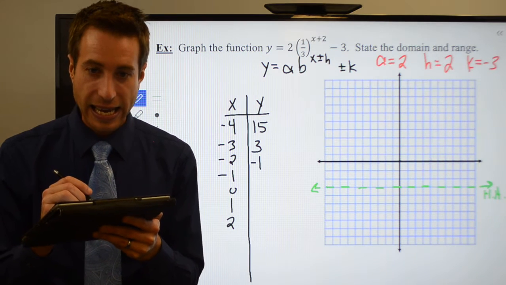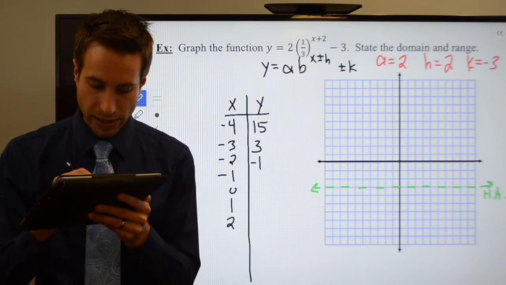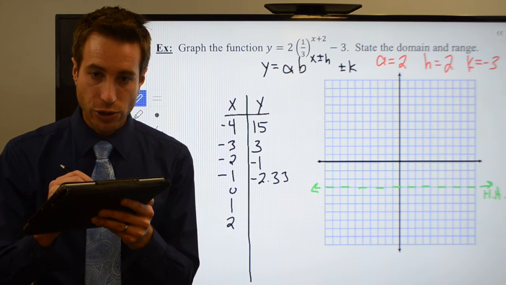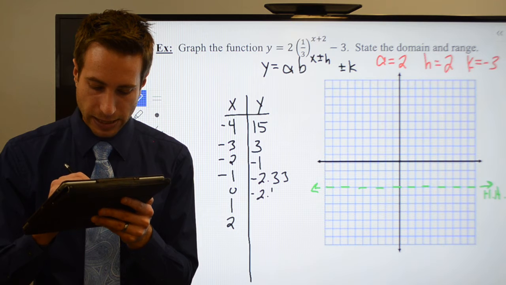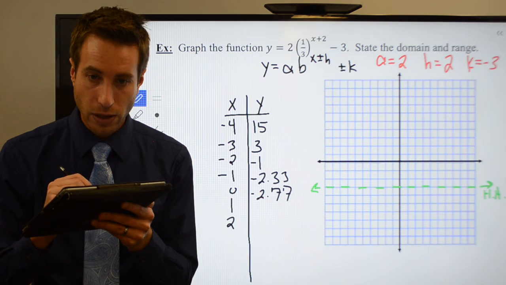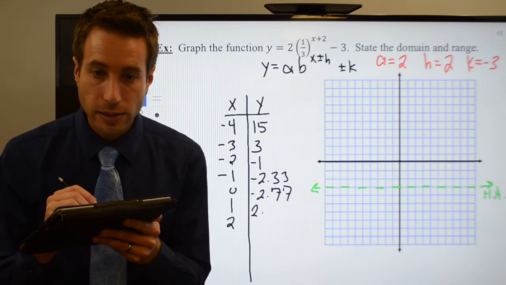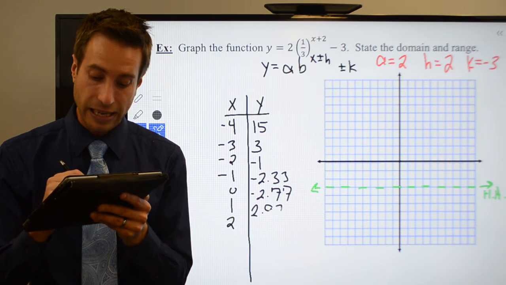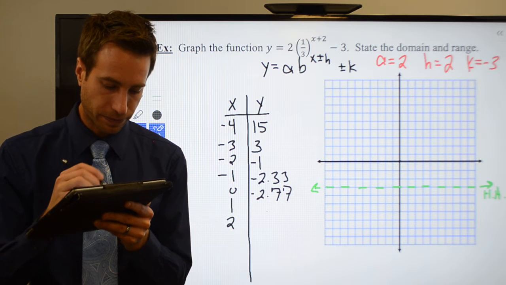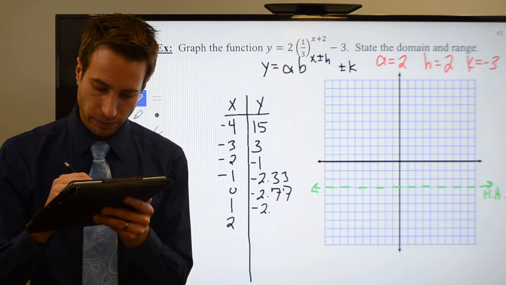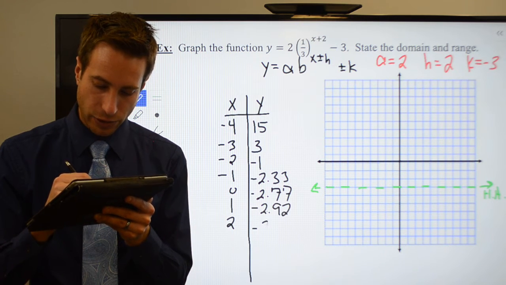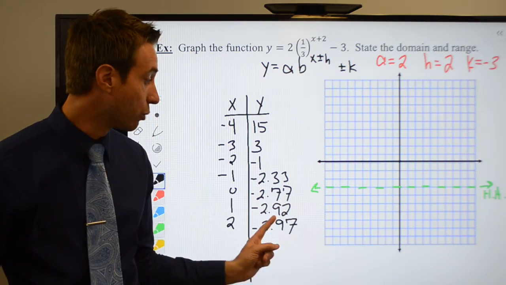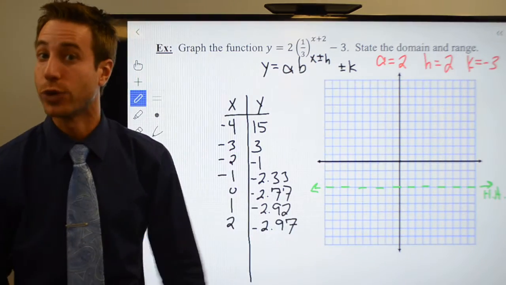Plug in a negative 1, you should wind up with negative 2.33. 0 should get you negative 2.77. 1 gives negative 2.92. I apologize, negative 2.92. And 2 gives negative 2.97. Anyway, really, really close to minus 3, which we knew it should be.